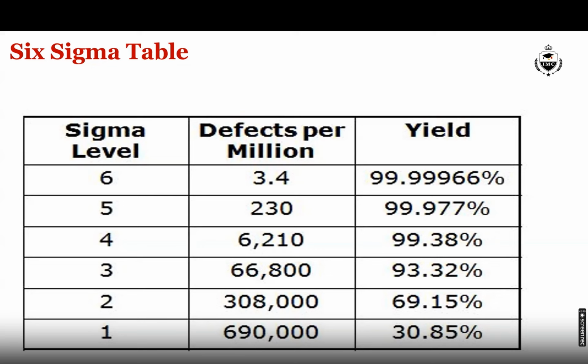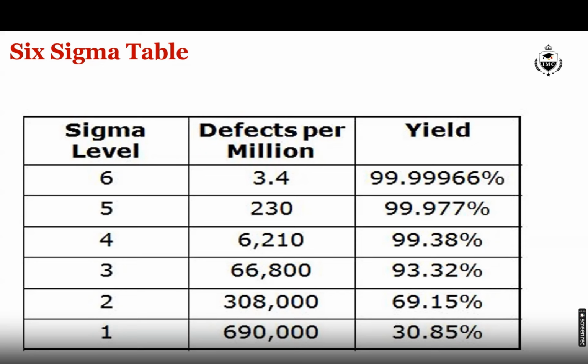Simple, by improvement to the process. So one thing we can infer out of this table: process improves, defects go down, and your sigma value improves. That is what we need to ideally do in case of the concept of process capability.